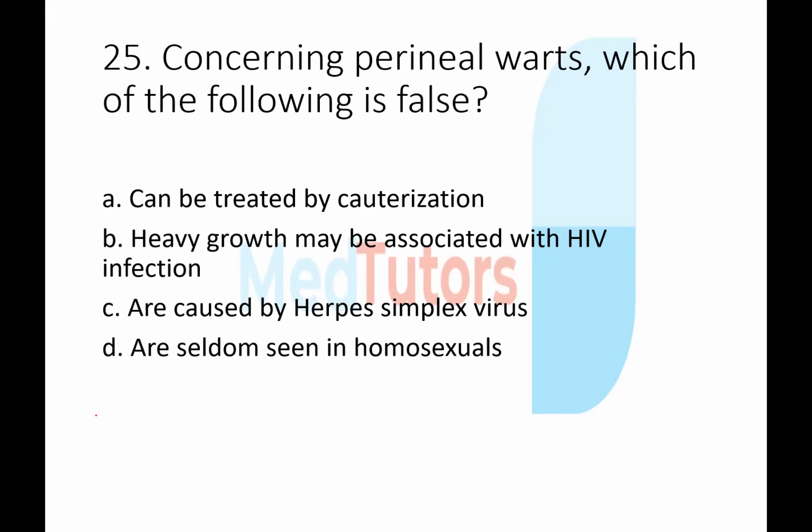Anytime you see a perineal wart in an individual, you should screen that patient. You shouldn't be thinking of only HIV, though you must screen that patient for HIV. All other immunosuppressive diseases can cause perineal warts, and sometimes they appear as AIDS-defining illnesses.